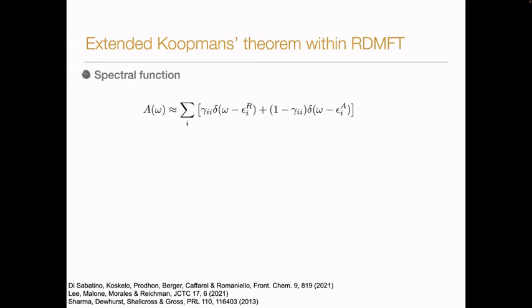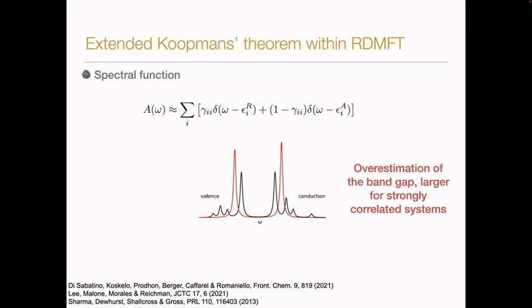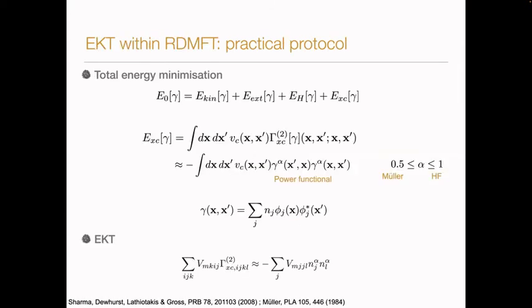Okay, so now you can already start to understand that if you have a spectral function, an exact one, well, the spectral function of the RDMFT EKT will tend in general by construction to overestimate the band gap, precisely for the interpretation of the removal and addition energies that we have given before. All right, so let's see how all this works.